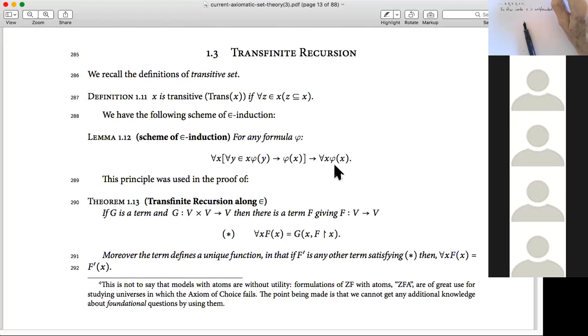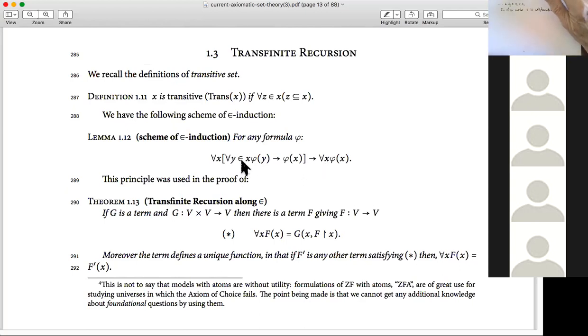And the reason that this would work would be if this antecedent held, but this failed, you would look at the class of x's for which phi failed. And then there would be an epsilon least element of that class of failures by the axiom of foundation. So that least element of that class of failures, all of its members would have property phi, but it itself would not.